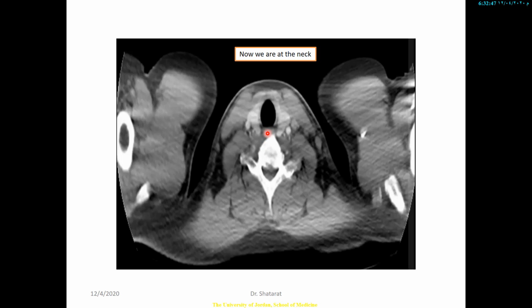This is not our subject to see on the neck, but just to remind you of the thyroid gland. Here we can see it, and more on the thyroid gland, you will easily find in your anatomy about the thyroid gland that I taught you last semester.